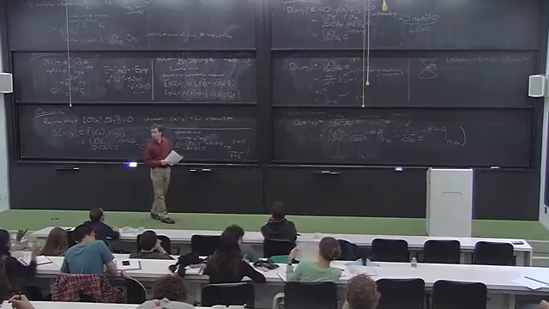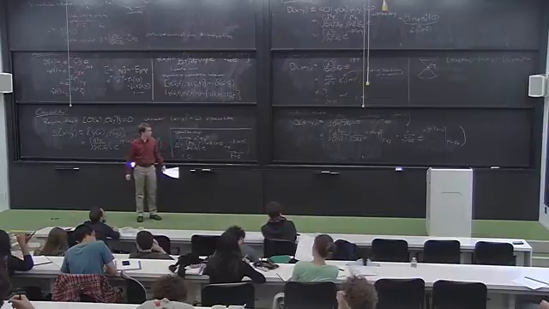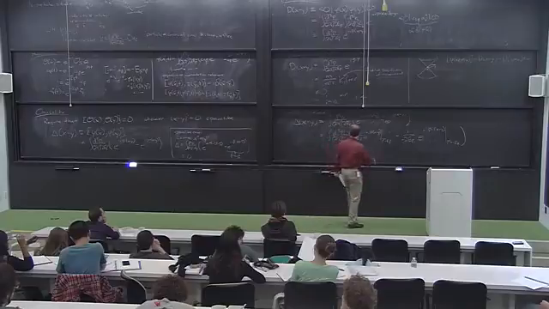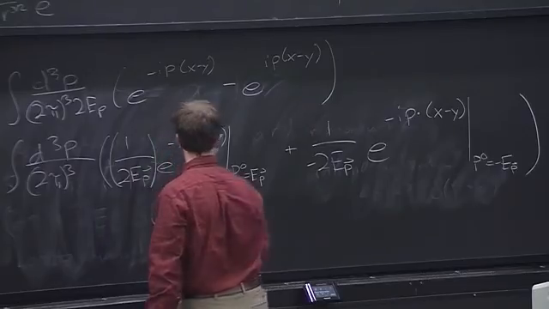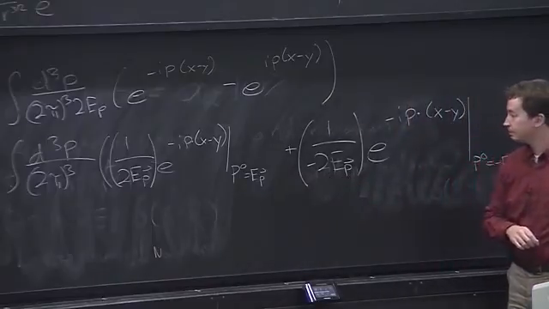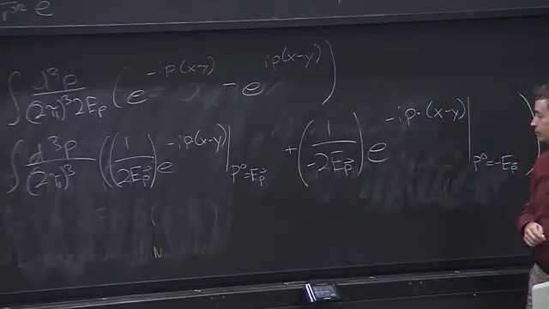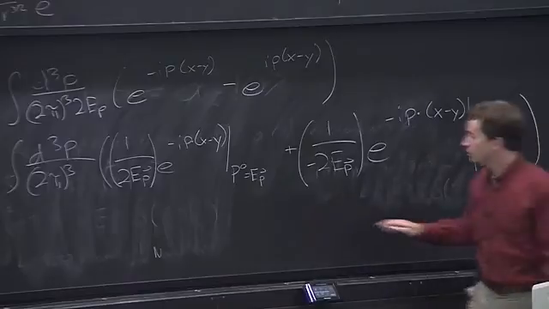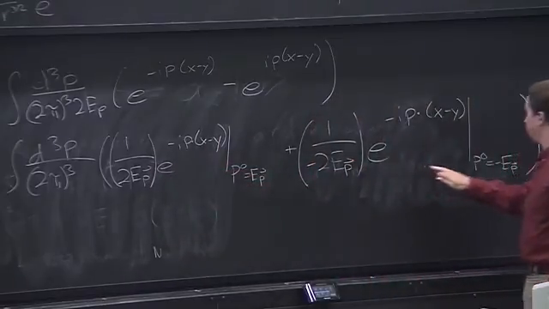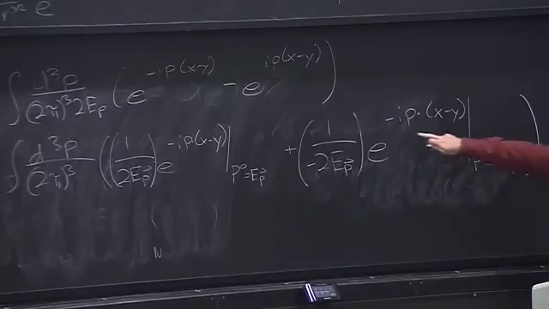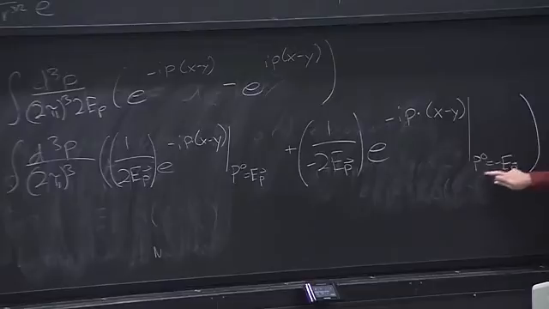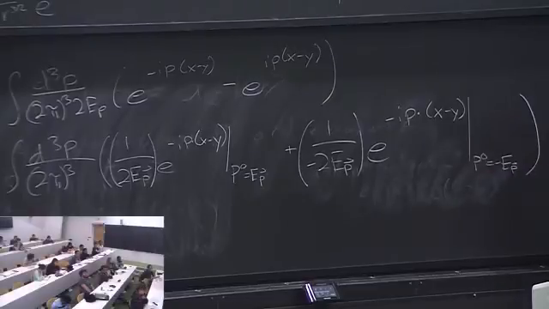Did you write the E as a denominator? This is 1 over 2E, and this is 1 over minus 2E. This term, you flip p to minus p. I flipped the sign, and I'm evaluating it at p naught equals minus E_p. I didn't do anything to this first term.